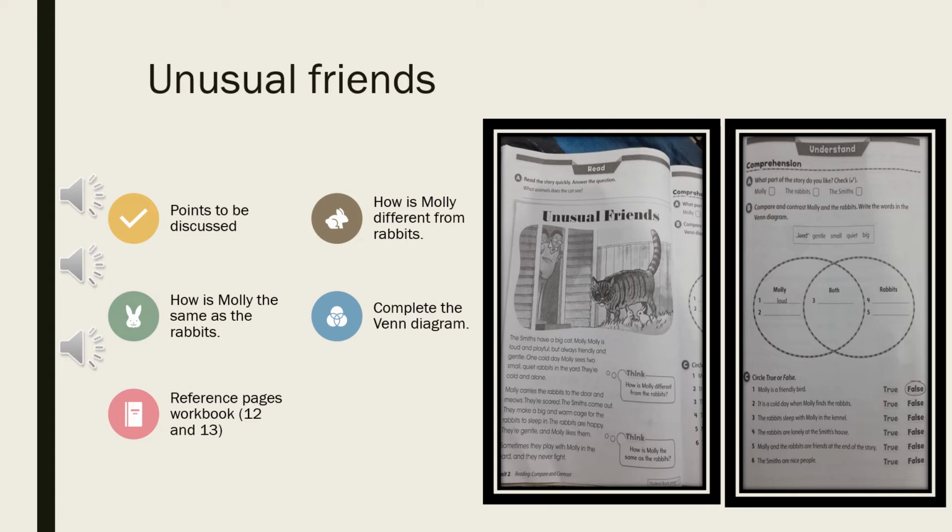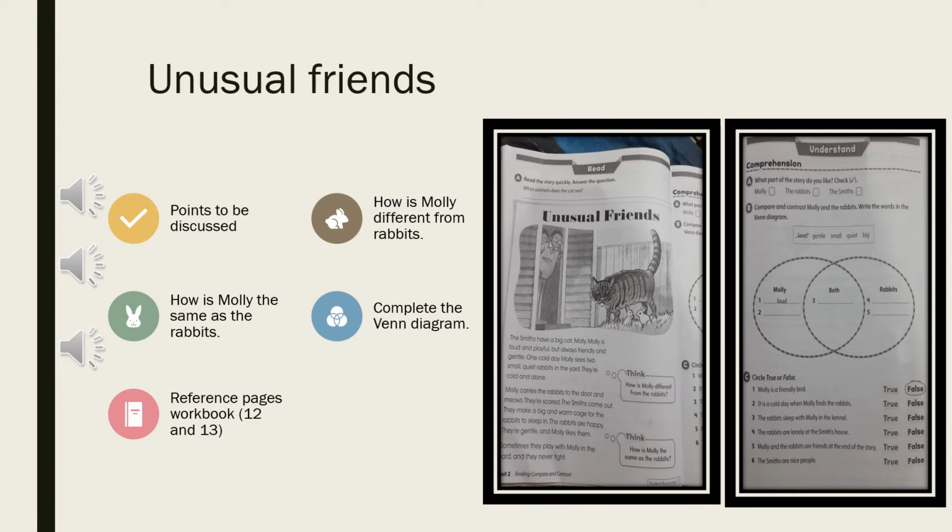When I ask you a question like, how is Molly different from the rabbits and how is Molly the same as the rabbits, what would be your answer? Can you come out with the answer now? It's very simple. Okay, let's talk about Molly first. Molly is loud and Molly is a big cat.